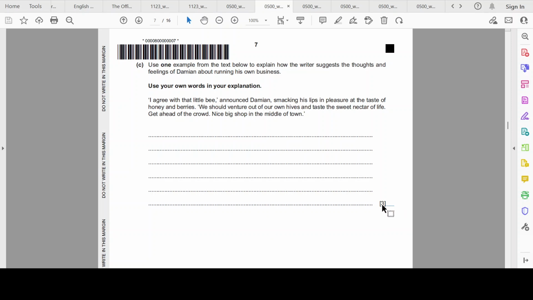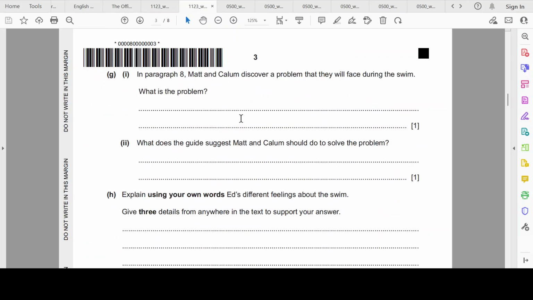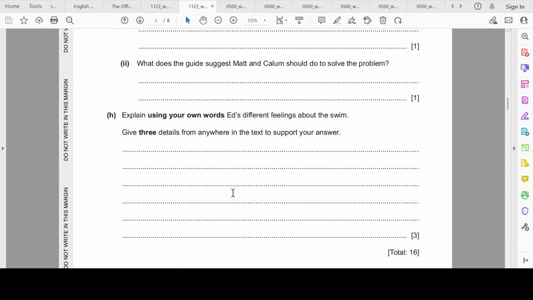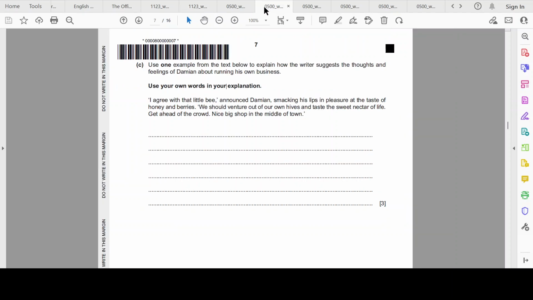And then obviously we have the 3-mark question from question 1. Here from question 1, explain using your own words Ed's different feelings about the swim. And over here, in fact, no, this is use one example from the text to suggest how the writers use language.